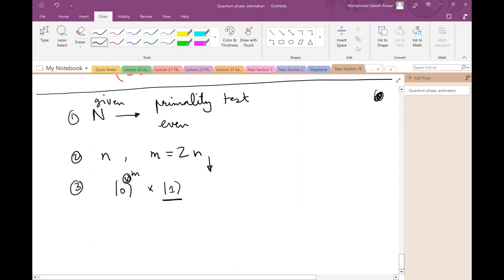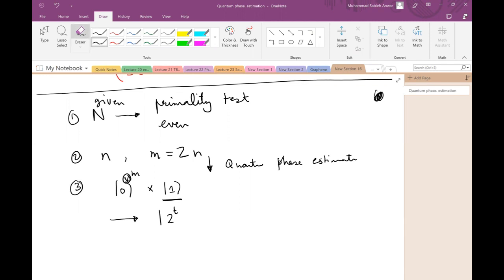From this point onwards, we do the quantum algorithm, and we precisely do the quantum phase estimation algorithm. So we input this state and we expect that at the end we will get a state which is 2^m times some multiple of q over r.